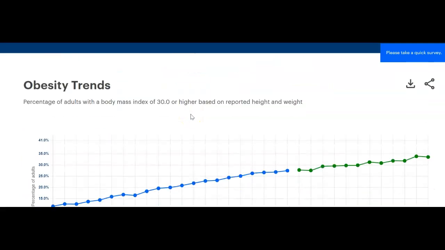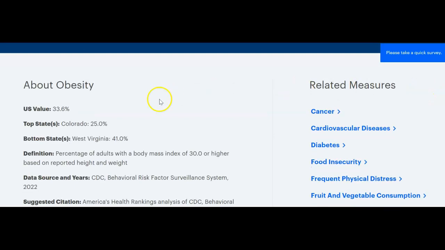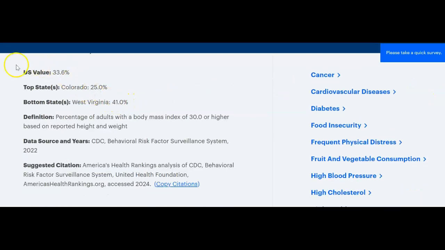You're going to look at obesity trends, and you can see from 1990 into 2022, the continuous increase in obesity. And then, who's got the lowest obesity rate? That's Colorado. Who's got the highest obesity rate, of 41%? West Virginia.